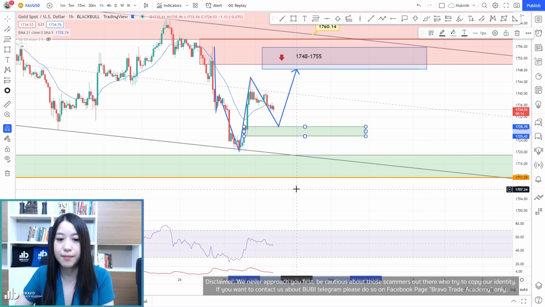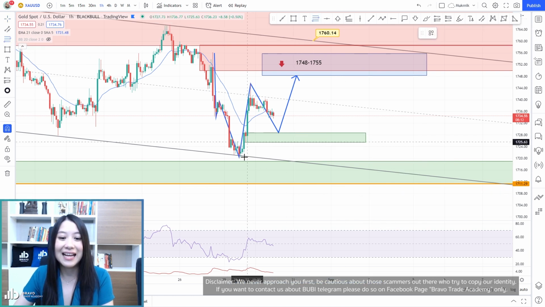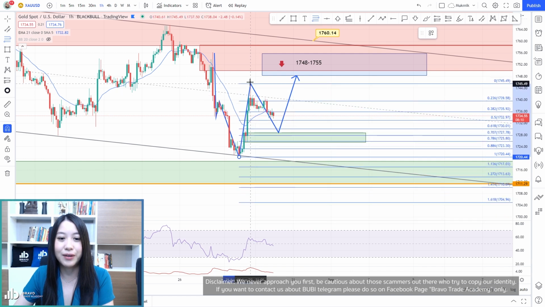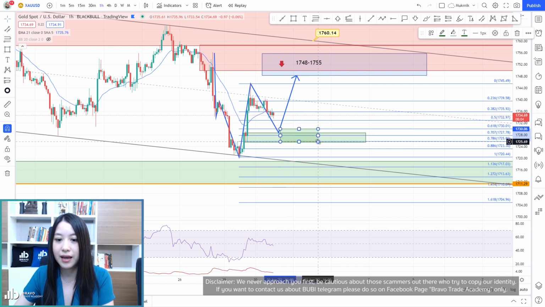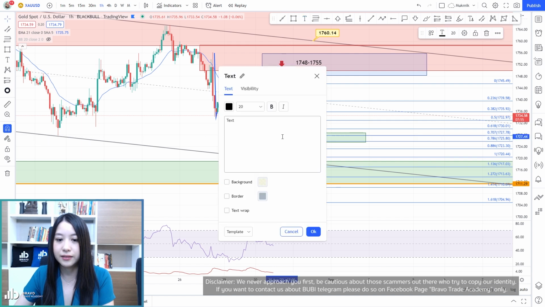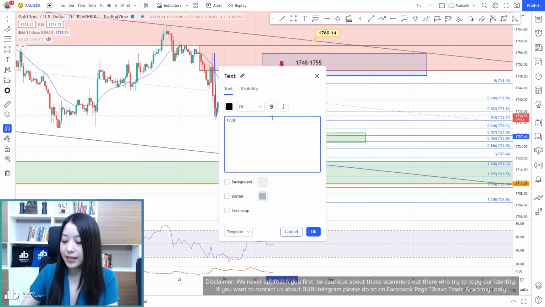I'll put the demand zone first, and I'll use my Fibonacci retracement to find the QM position. That's going to be somewhere around there for the QM pattern. So I would say the first buying plan is around 1730 to 1726.